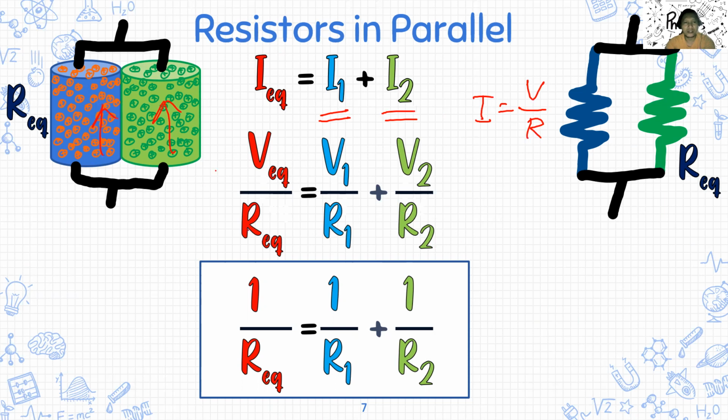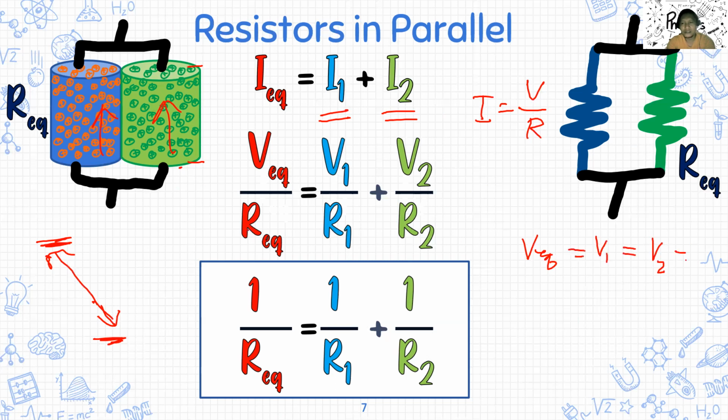But note that because they are in parallel, ang imong higher potential og lower potential parehas lang sila og distance. Therefore, parehas naman sila og length. So these values are the same: V equals V1 equals V2.